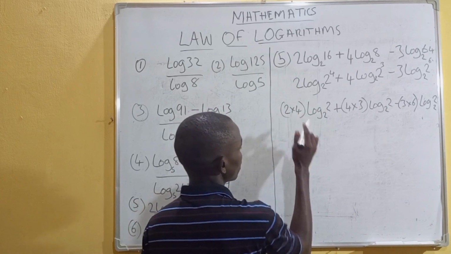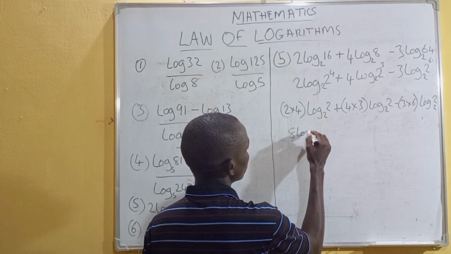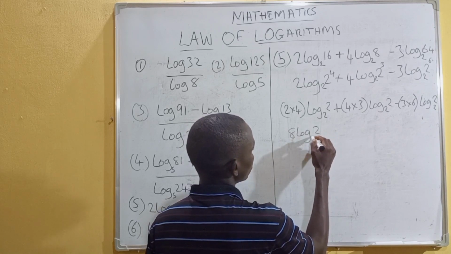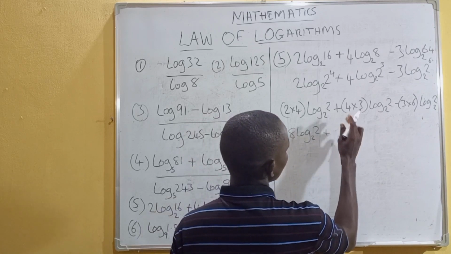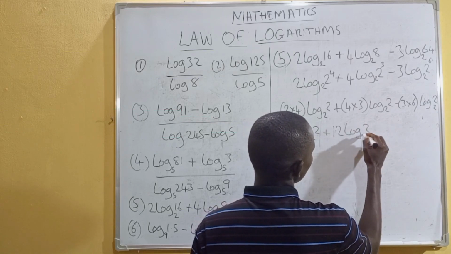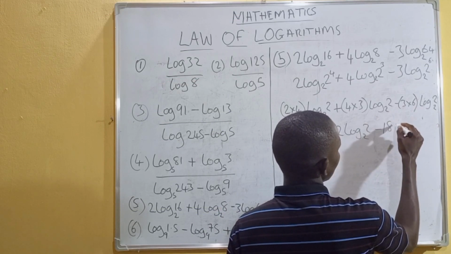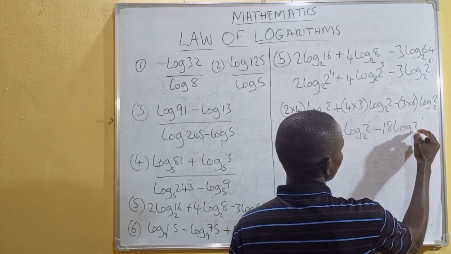So this will be 8 log 2 with a base 2 plus 12 log of 2 with a base 2 minus 3 times 6, 18 log of 2 with a base 2.